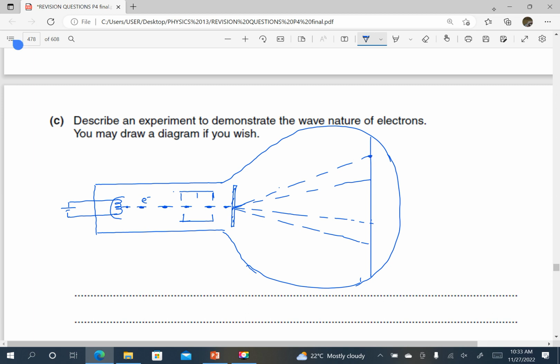So these will hit on the screen. Of course, we are seeing this in 2 dimensions, but in class you must have seen this in a discharge tube, and you must have seen what is actually formed on the screen. So what is formed on the screen is what I want to now draw lastly.